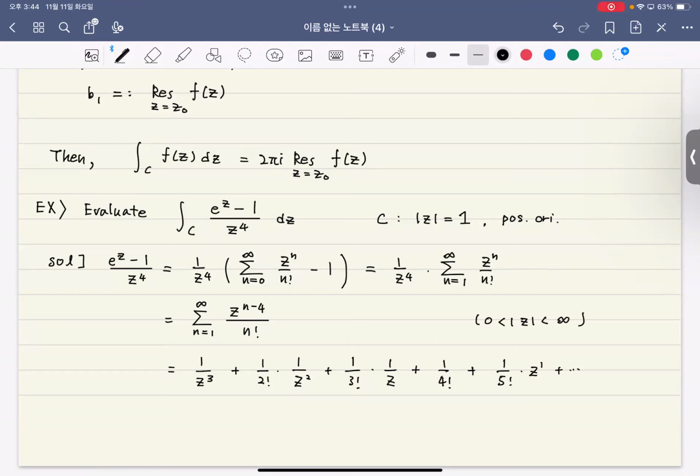Can you figure out the residue out of this expansion? Clearly we can, because this is the coefficient of the 1 over z term in your Laurent expansion. So the residue should be 1 over 3 factorial, in other words, 1 over 6. So the residue at this point of this function is 1/6.